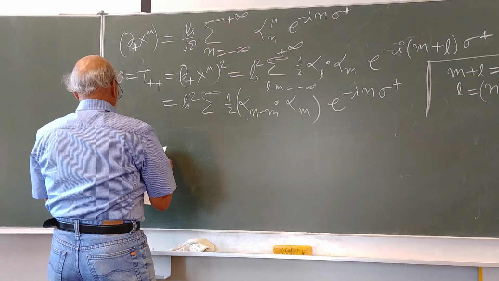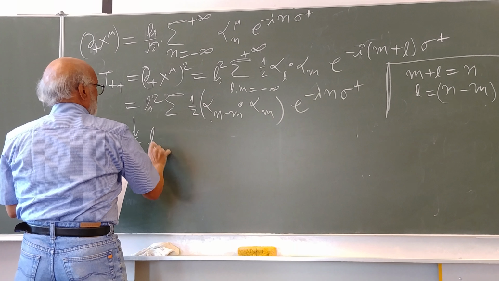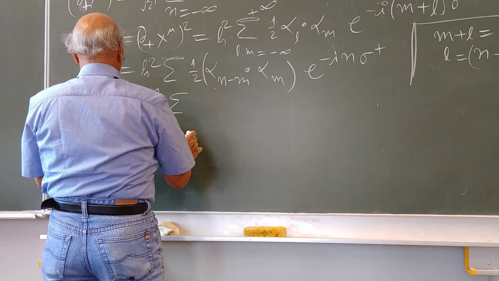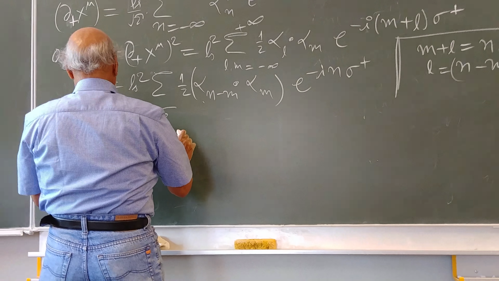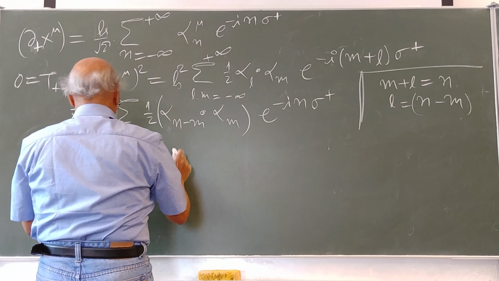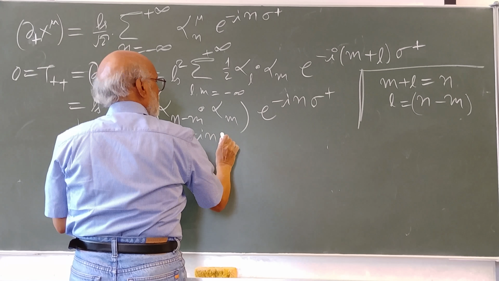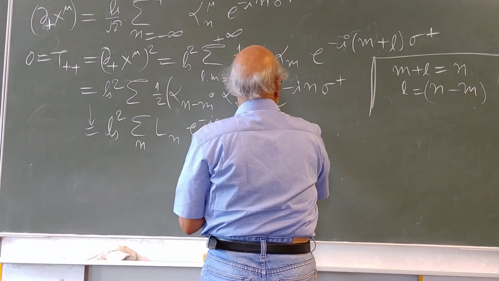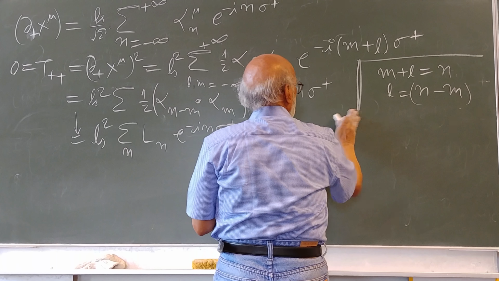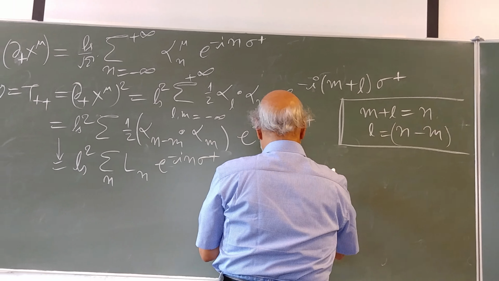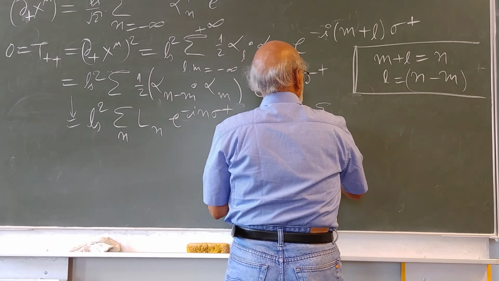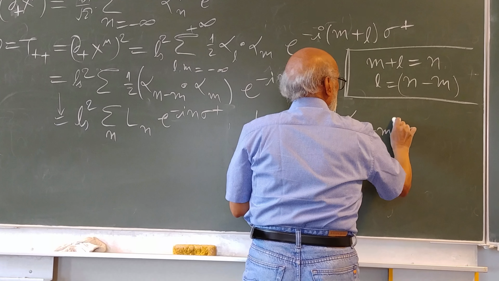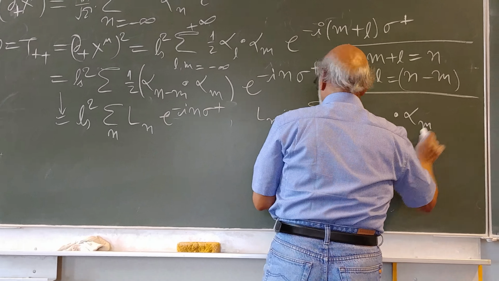So we could write it as Ls square summation over n of L n e to the power minus in sigma plus, where L n is equal to summation over m of 1/2 alpha n minus m and alpha m.